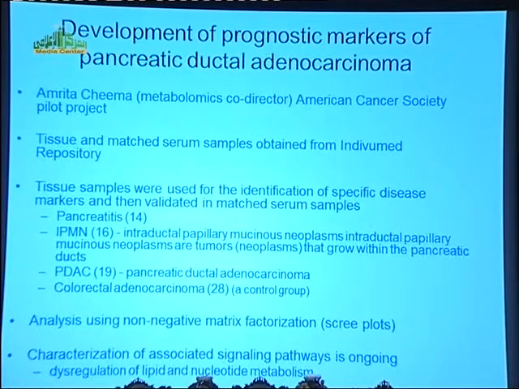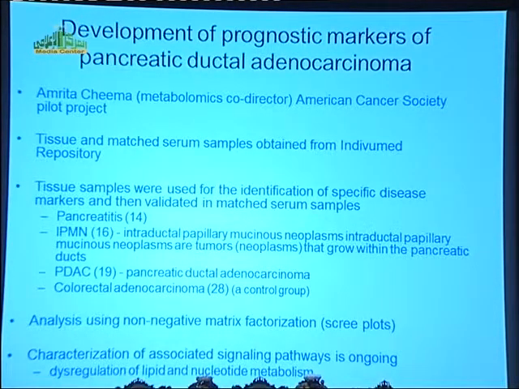Rita also used non-negative matrix factorization and scree plots to try to group the different spectrum of metabolites that she found. And what she found was that, particularly with the pancreatic adenocarcinoma, there was dysregulation of lipid and nucleotide metabolism-related pathways.